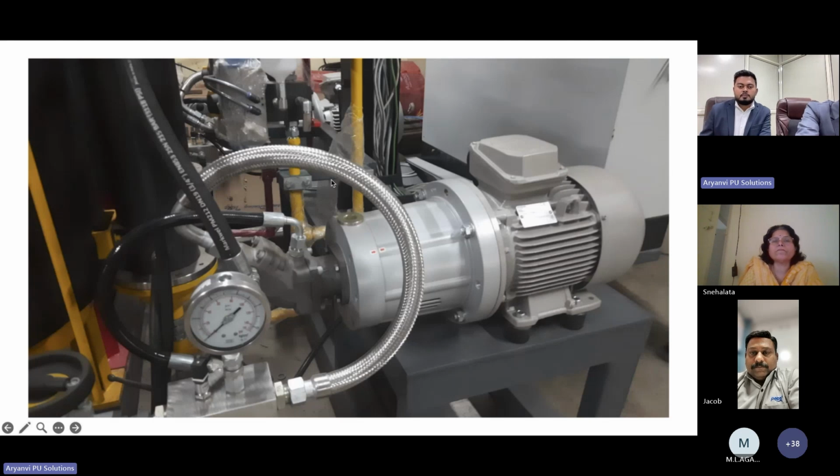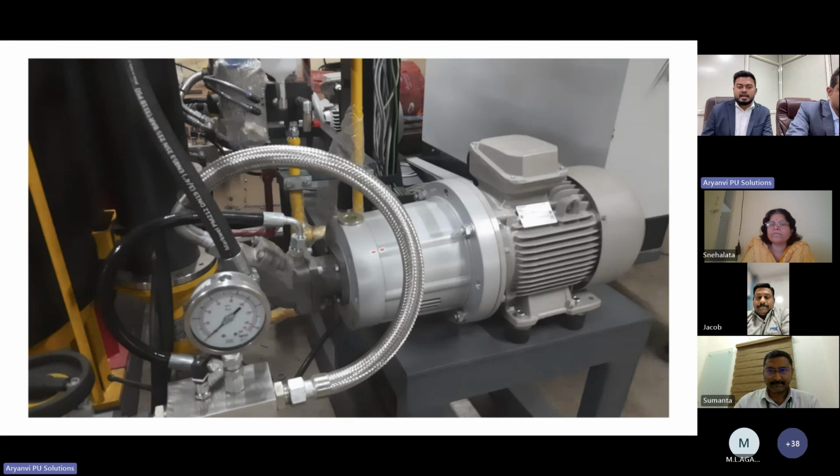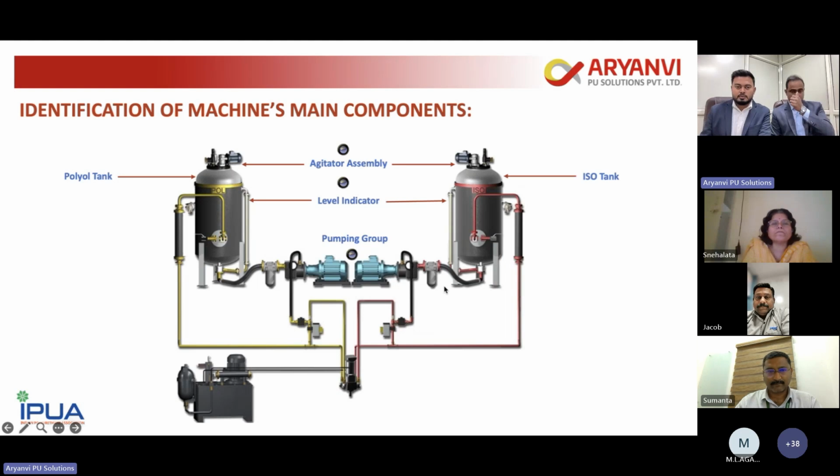The main point I want to highlight is the magnetic coupling. Magnetic coupling is very important on your polyol side and also your ISO side. Why it is important, we'll discuss in our next slide. Here you can have a look at how the pumps and the entire setup look. Let's move to the next.